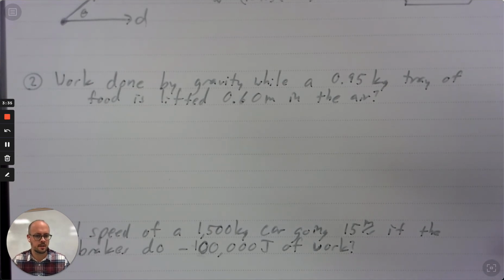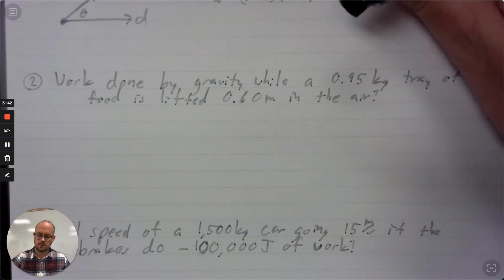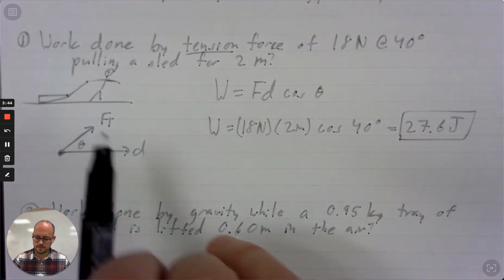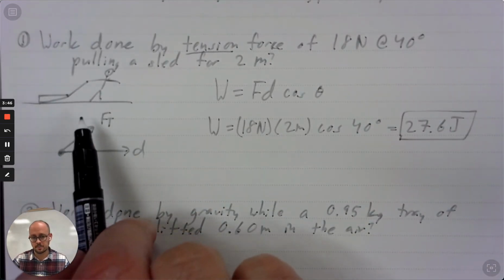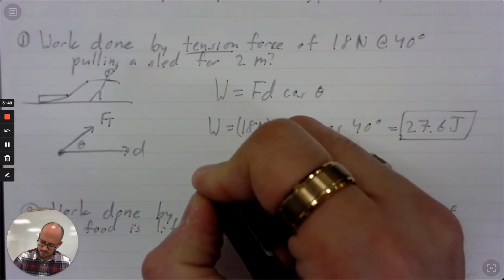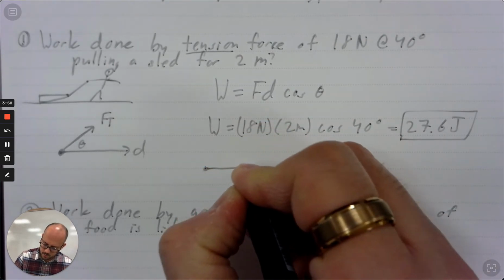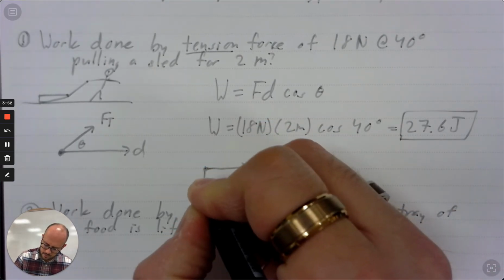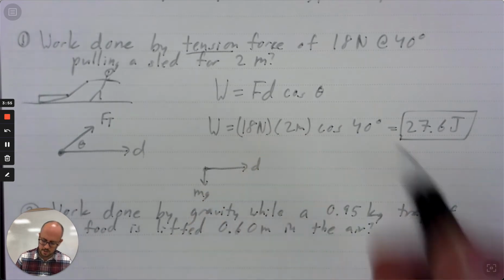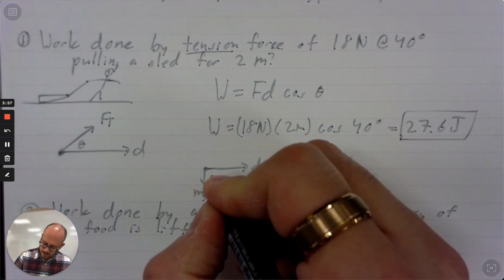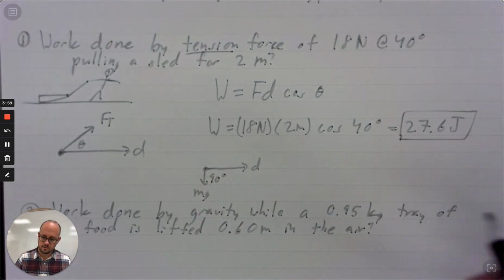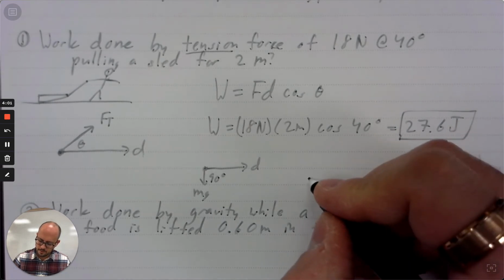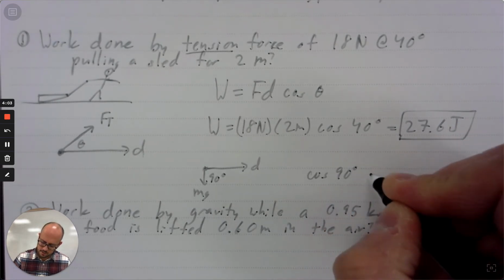So gravity can do work even if it's not the thing that causes action. The work done by gravity on the sled in this problem is going to be 0 because the sled is moving in that direction and the force of gravity is straight down. This is an angle of 90 degrees, and the cosine of 90 degrees is equal to 0.